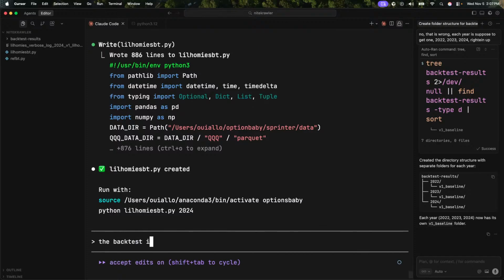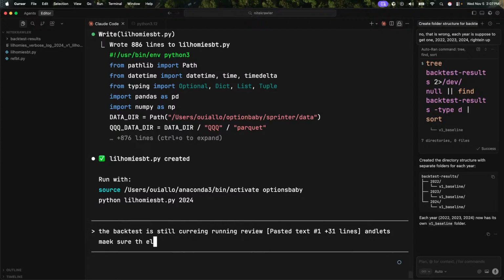The backtest is still currently running. Review, and let's make sure the logic and function for selling the next day is correct.